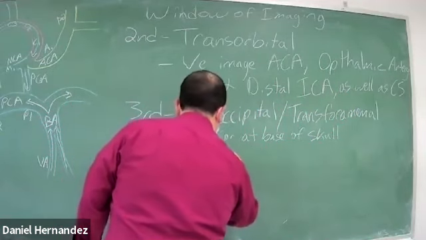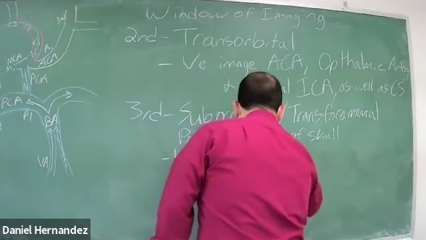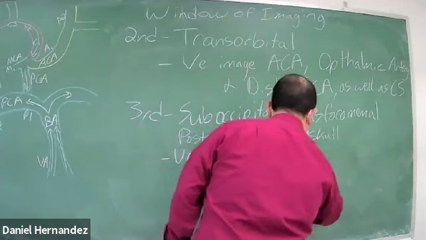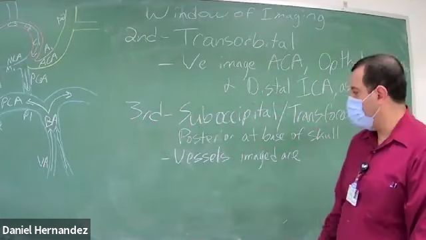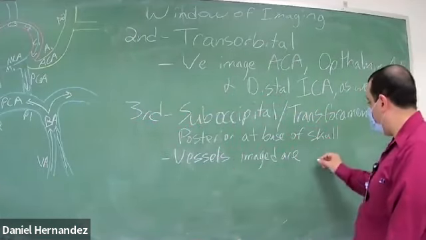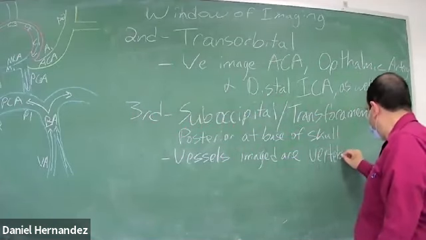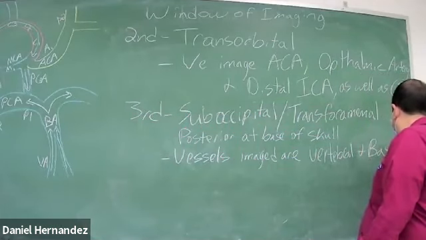Vessels imaged: that's going to be your vertebral and your basilar artery.